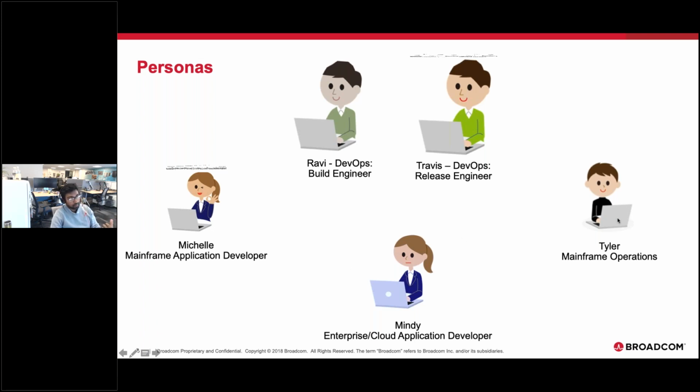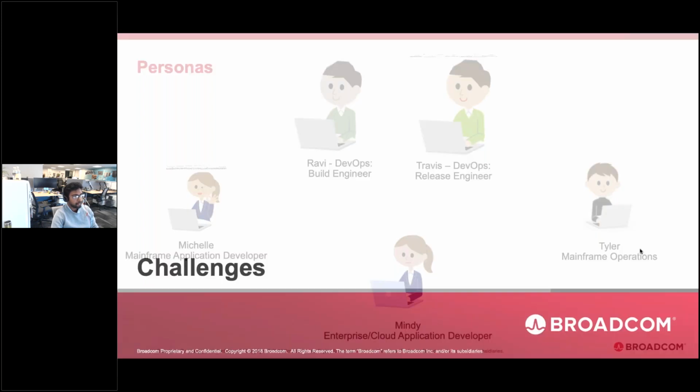And finally, we have Tyler, who's on the mainframe operations side, who helps take the changes that Michelle has built and our DevOps folks have worked through the pipeline. He's the one who actually starts running it in production, and he continues with monitoring it as well. So those are our personas for today, and we'll focus on how they play different roles in really making DevOps happen.